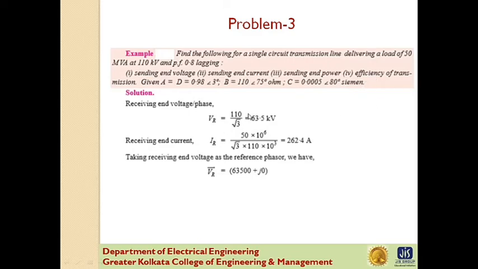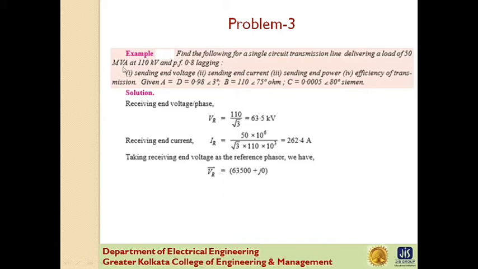Now VR is equal to 110 by root 3, which is equal to 63.5 kV, and as here the power is given in MVA rating, we don't need to divide by the power factor.